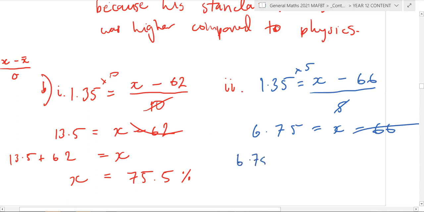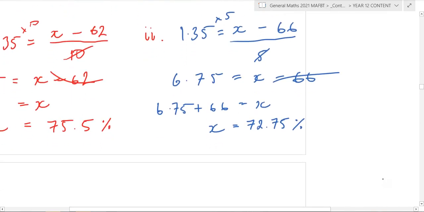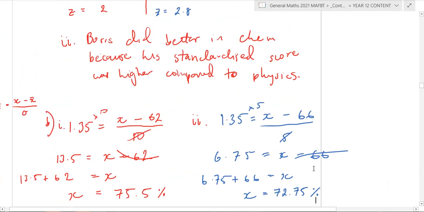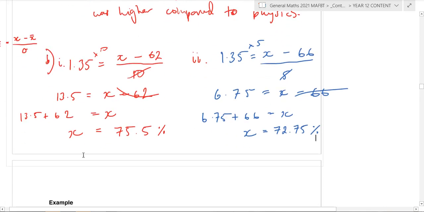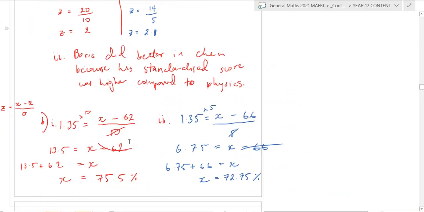So 6.75 plus 66 equals x. Therefore, x is equal to, adding that together, 72.75. So that means on chemistry, he needs to score at least 72.75 to get at least the same standardized score, or in other words, just as good a score as in physics. Okay, I hope that's made sense.